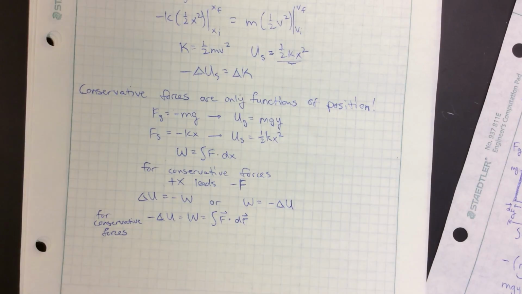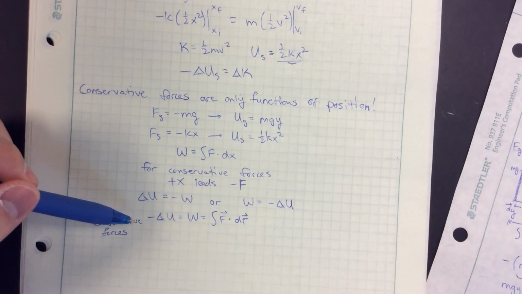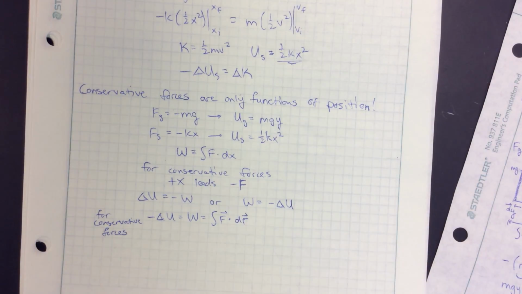So just remember, positive work means that the force is causing it to move in the direction it's actually moving. Negative work means it's trying to keep it from moving in the direction that it's actually moving. Okay? So positive work adds energy to the system. Negative work takes energy out of the system. For a conservative force, the energy that's put in or taken out is related to this kind of stored energy.